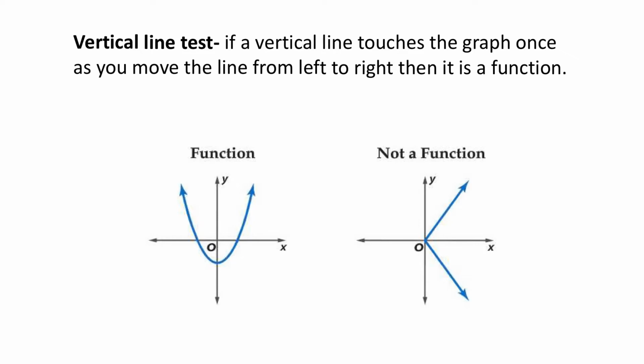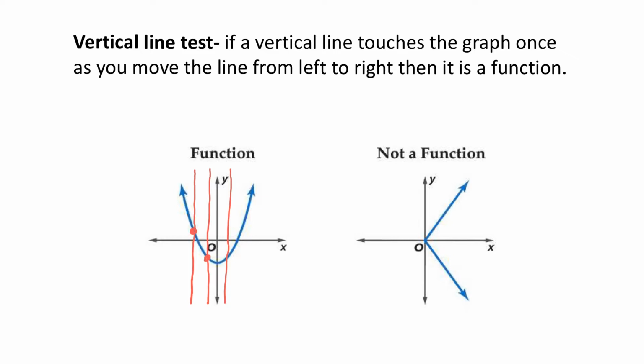I'm going to give you an example of a vertical line on this graph here. If you draw a vertical line, I'm just going to make a red vertical line. Notice the red line crosses the graph once. I'm going to draw another vertical line, and it touches once. I'm going to draw another one.